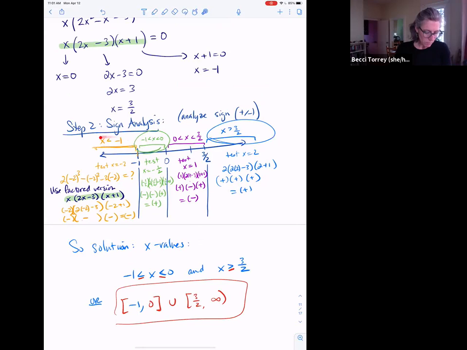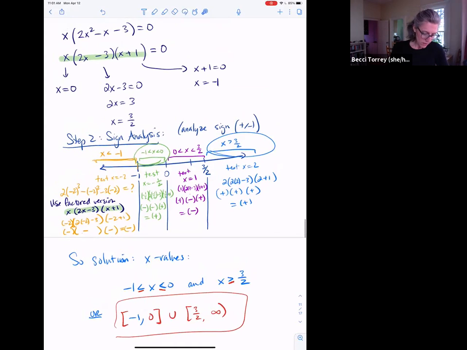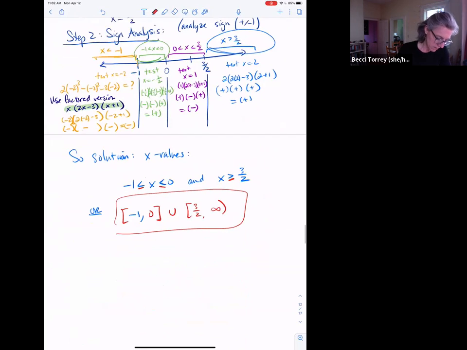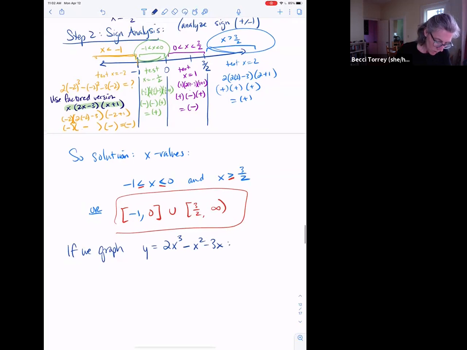So what happens is we're plugging in an x value that's less than -1. And the question is, is the corresponding y value positive or negative? So what's happened is we've figured out that for this formula, if we were to graph this equation y equals 2x cubed minus x squared minus 3x, we know where the zeros are.